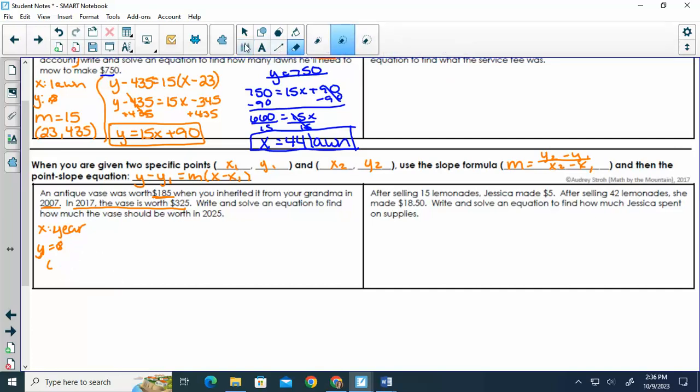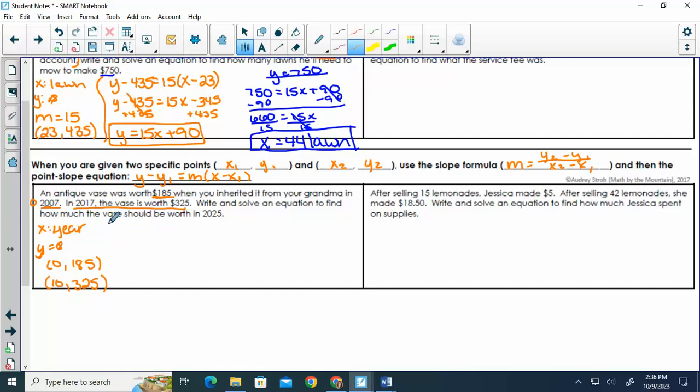So 2007 is when we began, so that's year 0, and it's worth 185. And then 2017 is how many years later? 10. So I can make that a 10 and a 325. You can write it either way, but this will be a lot nicer. We'll have more reasonable numbers.